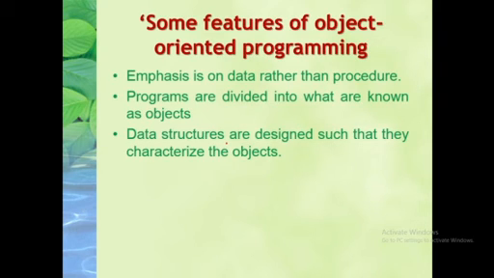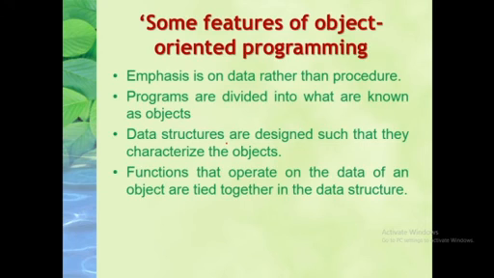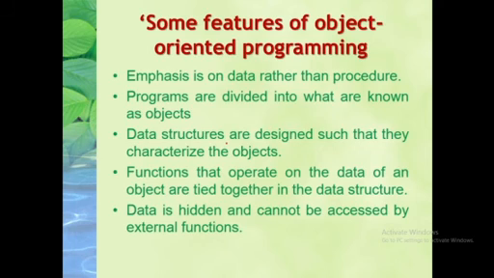A class is a kind of data structure, designed such that it includes all the necessary characteristics of an object. Functions operate on the data and are tied together to the data structure, which in most OOP languages is called a class.